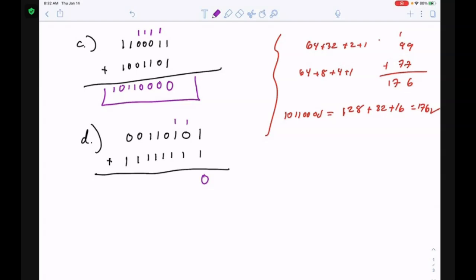Thank you, Isis. 10. 1 plus 1 plus 1? 11. 1 plus 0 plus 1? 10. 1 plus 1 plus 1? 11. Thank you, Isis. I'm following you along.